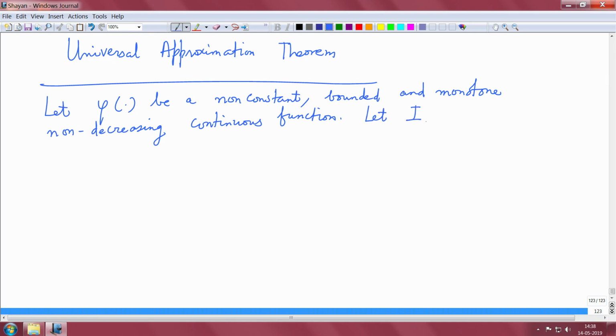Let I m naught denote the m naught dimensional unit hypercube.